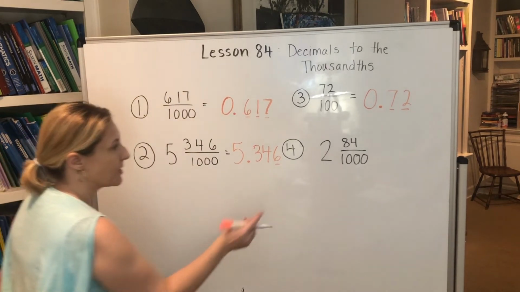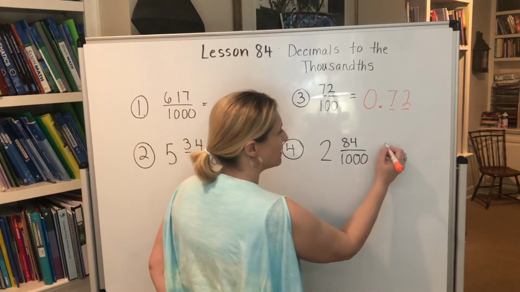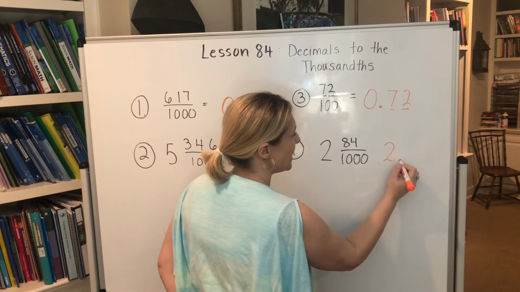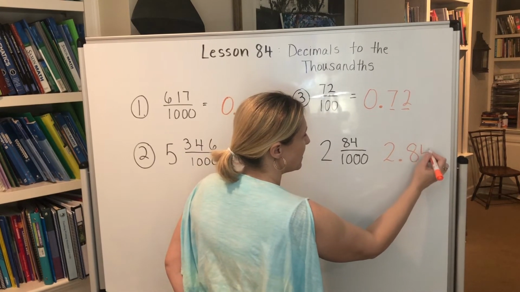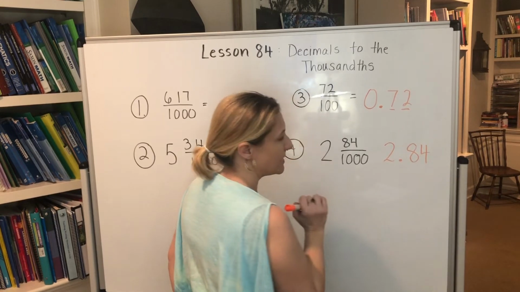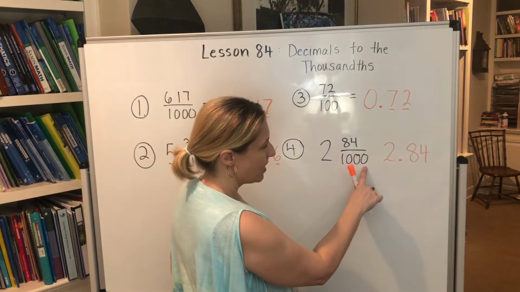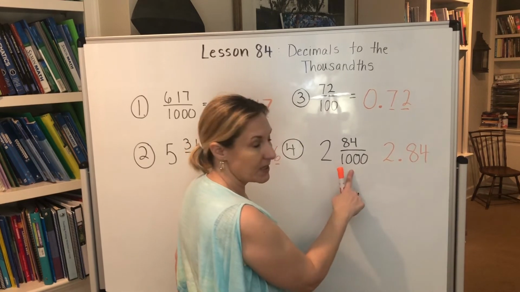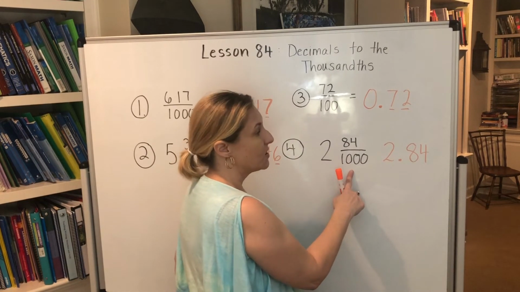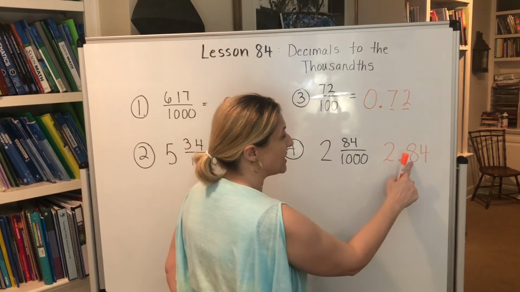Okay. Now for number 4, we have 2 wholes, 2 and 84. Is that right? 84 hundredths? Tenths, hundredths? No, this says thousandths. So I'm going to have to change this.